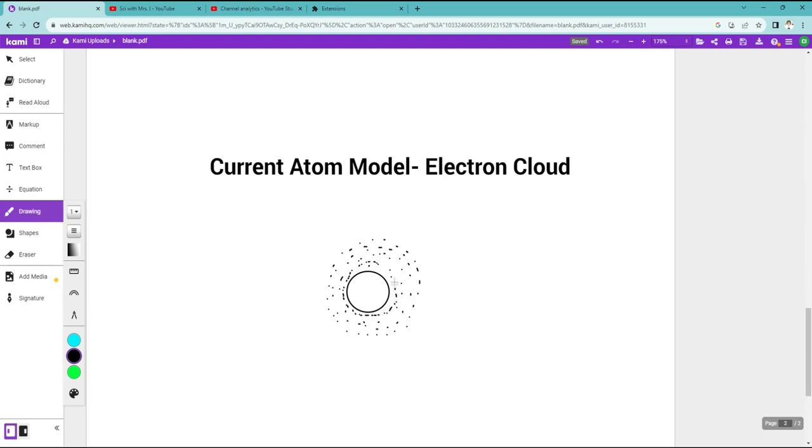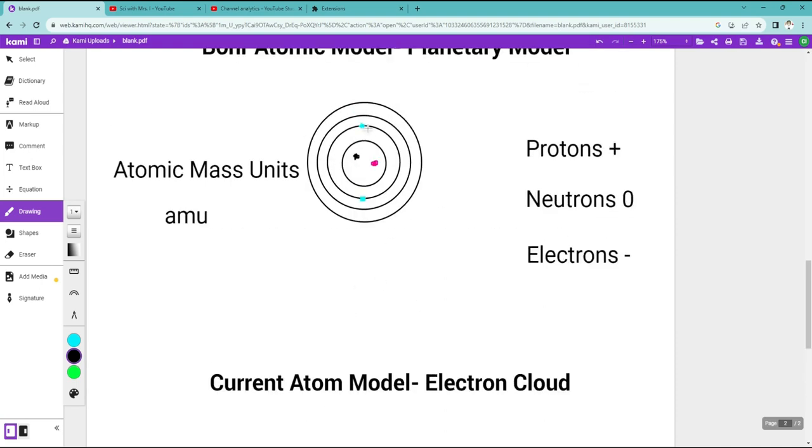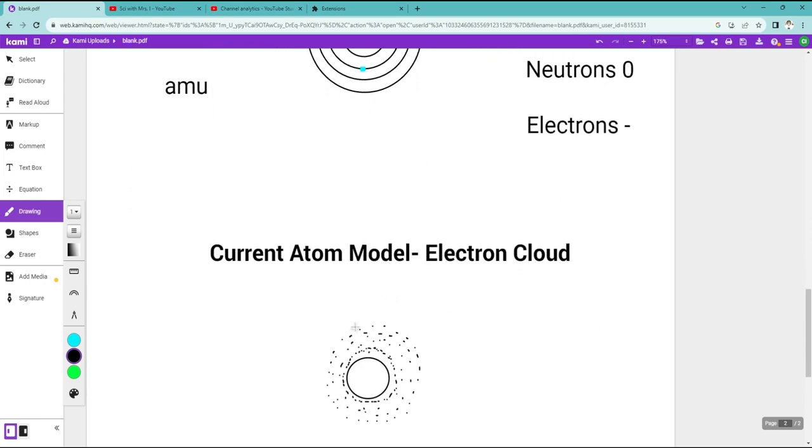Now we have to use mathematical equations to guess at where those electrons are. That's where the quantum mechanics comes from. But the difference between these two models is the electrons. We found out that they don't actually orbit in specific energy levels. They move around. When they gain or lose energy, they can move within this cloud.